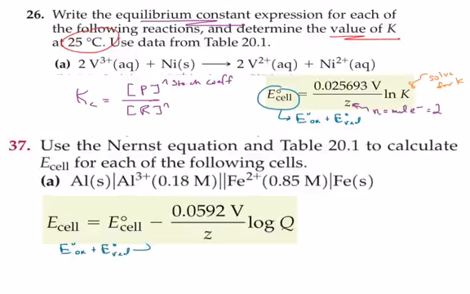37 looks like this. Use the Nernst equation, given this molar concentration, the 0.18 and the 0.85, the molar concentration of the aluminum ion and the iron ion. So you're going to first have to come up with the standard cell potential. My hint to you guys, and I double checked this, the number of moles of electrons is 6.